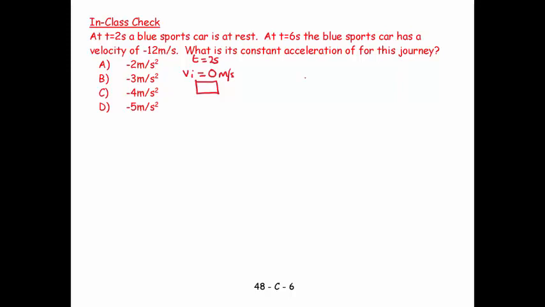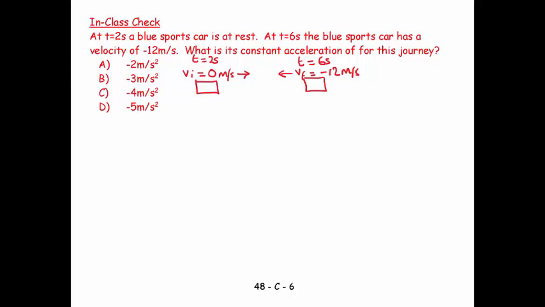At t equals 6 seconds, the sports car has a velocity of minus 12, so V final is equal to minus 12 meters per second. Let's put arrows on these things just to reinforce the direction. This one's not going in any direction. I'm just going to put it forwards, but it's not really going in any direction because it's at rest.